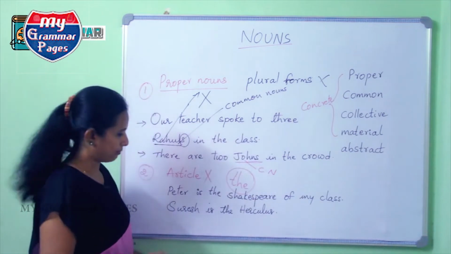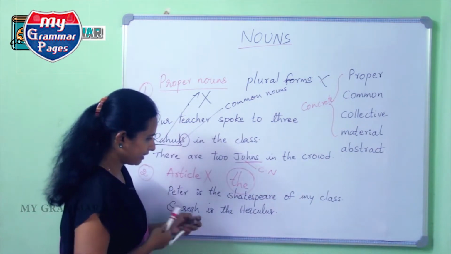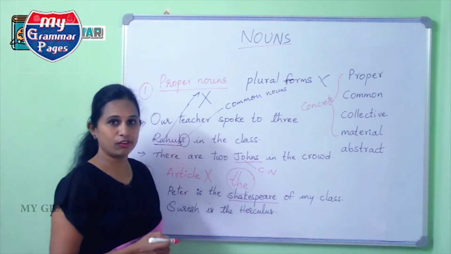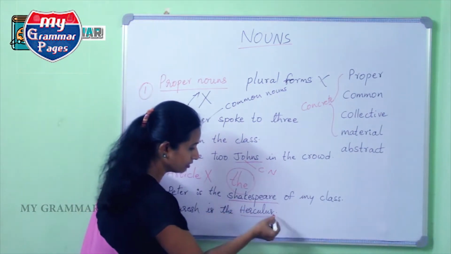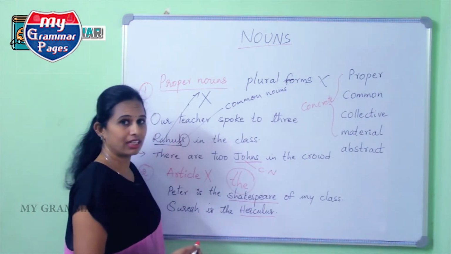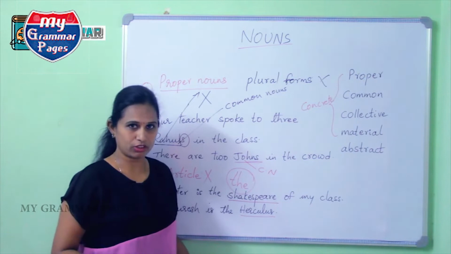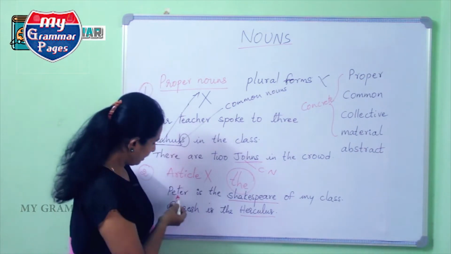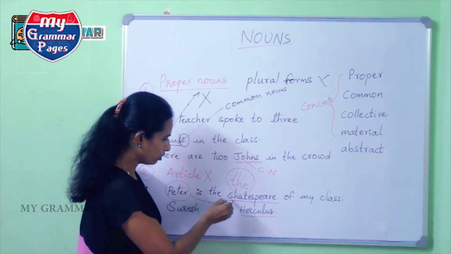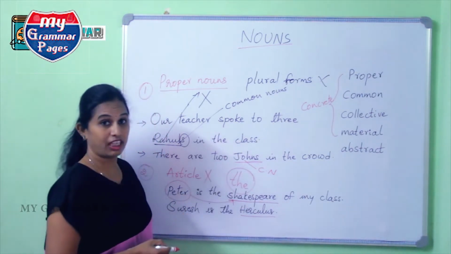In these two examples, the word Shakespeare is a proper noun because it's the name of a person, and in the other sentence, Hercules is the name of a person. Shakespeare, we all know, is the god of literature, and this particular person, Peter, is compared to the quality of Shakespeare.